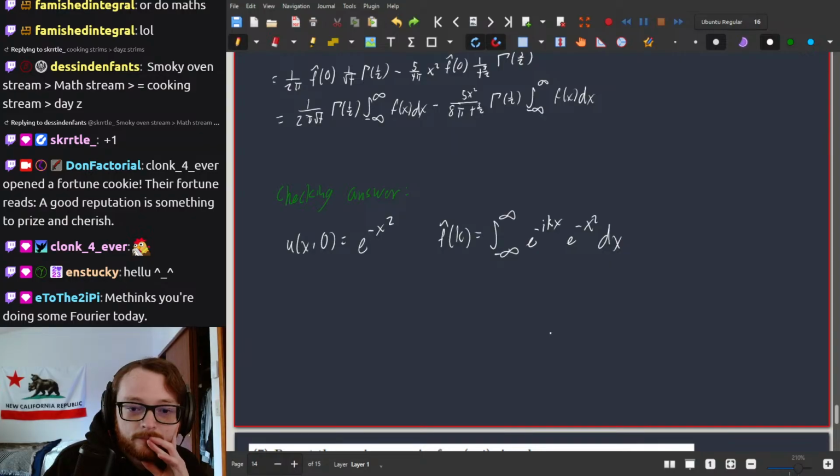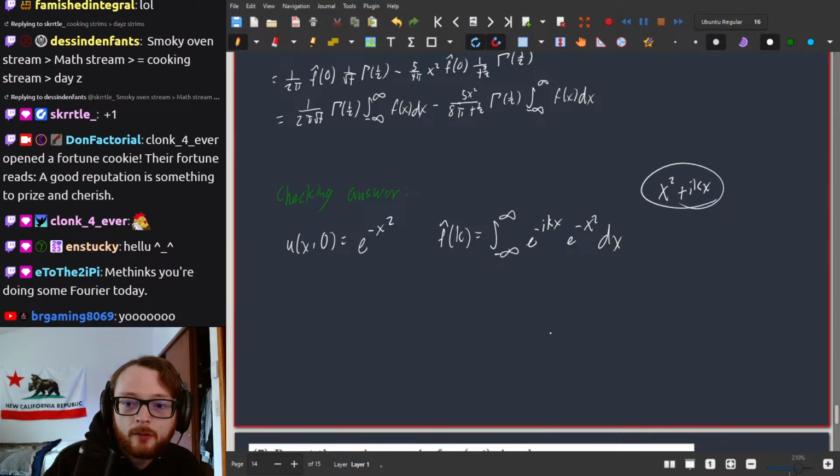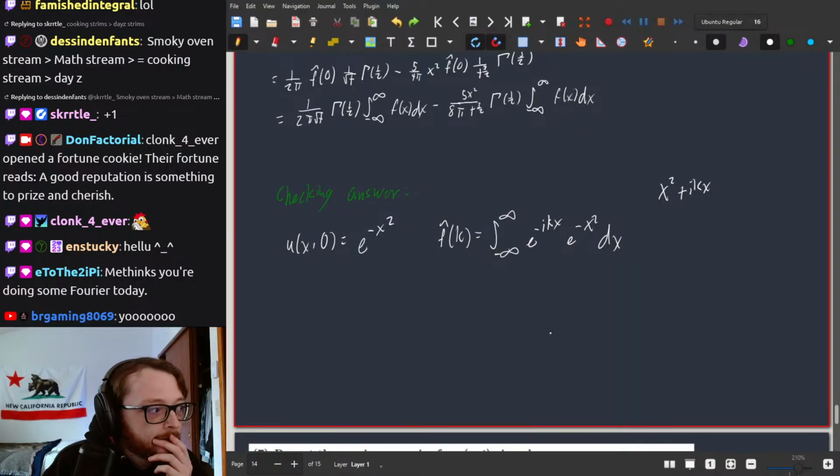So what am I doing? x squared plus ikx. Complete the square on that. Hey, BR Gaming. b over 2a, that's the thing that we do plus and minus of. b over 2a squared.